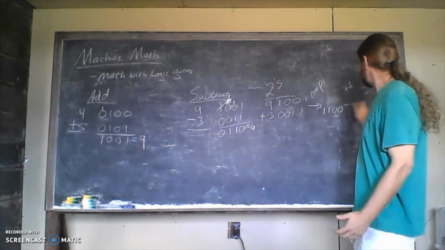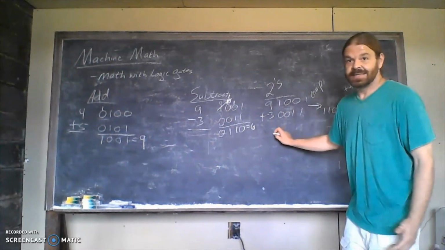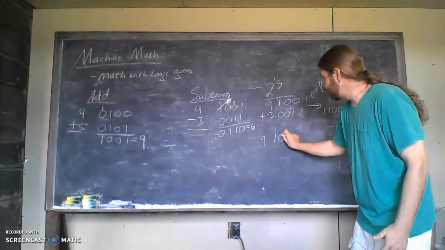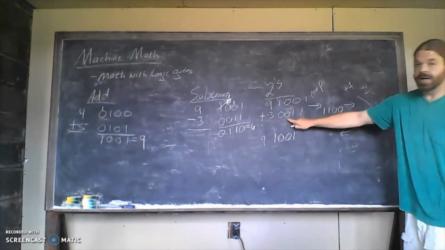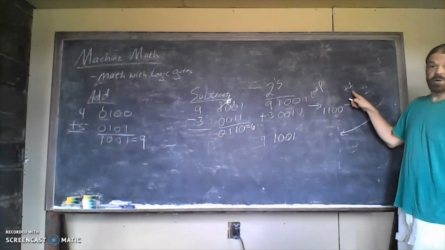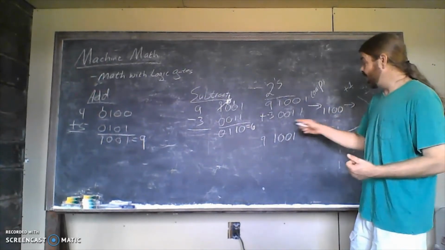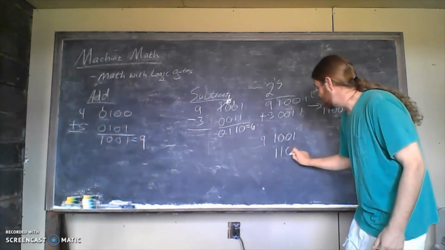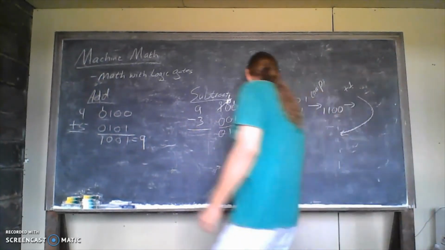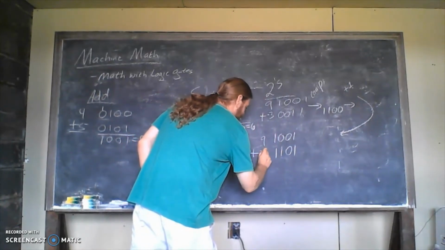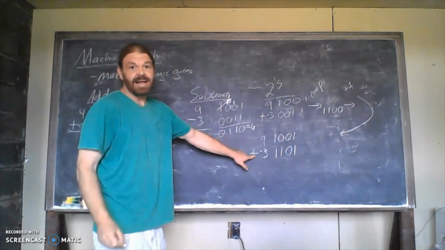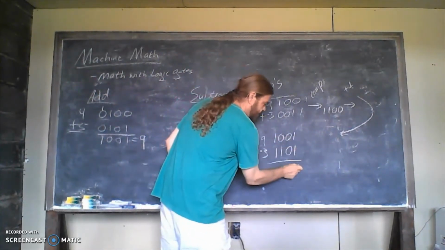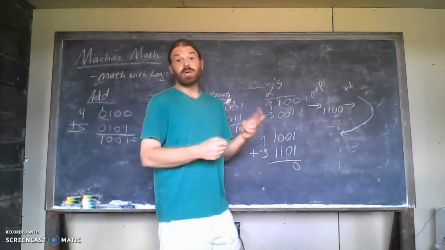Then our 9 hasn't changed. Let me come down here and write this because I'm getting over at the edge. So our 9 is still 1, 0, 0, 1. Here we complemented the 3 and then added 1 to get to 2's complement. So now we have a negative 3 represented by 1, 1, 0, 1. So instead of subtraction being its own operation, we're going to add the negative. 1 plus 1 is 2.